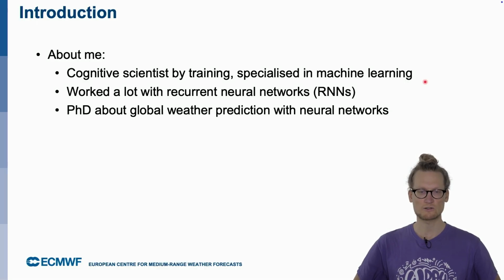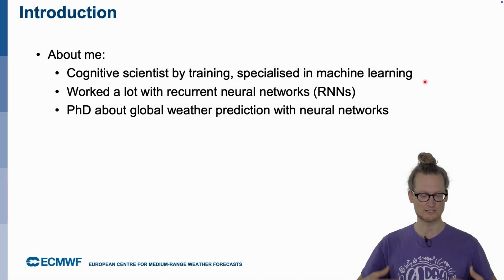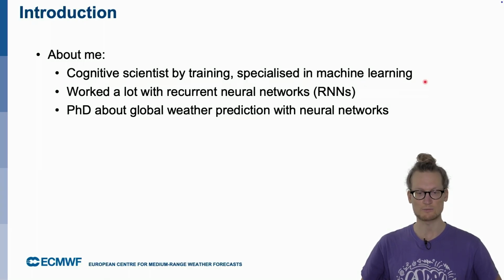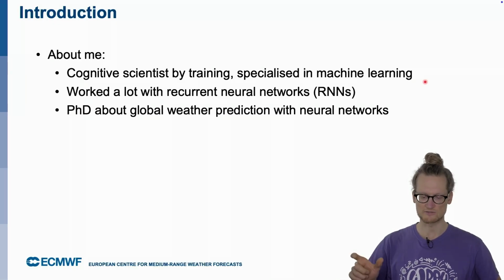I was working a lot with recurrent neural networks, which were state of the art, or basically the model to go if you wanted to process time series data. And later I proceeded with a PhD about global weather prediction with neural networks. And that's also where I got in touch a lot with transformers. But I still was working quite a bit with recurrent neural networks due to the time series of weather dynamics in general.